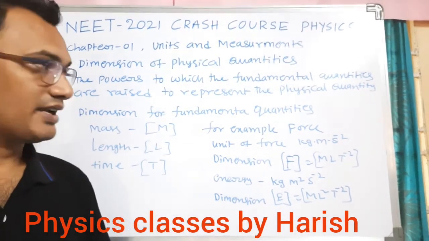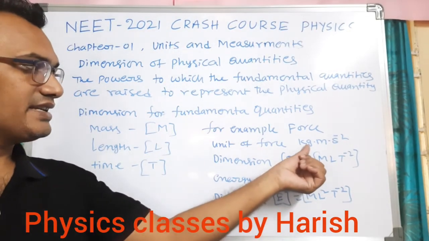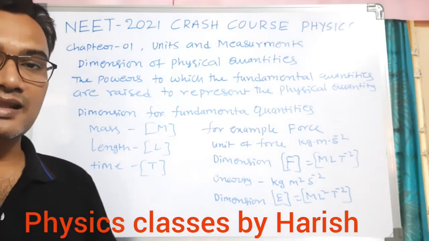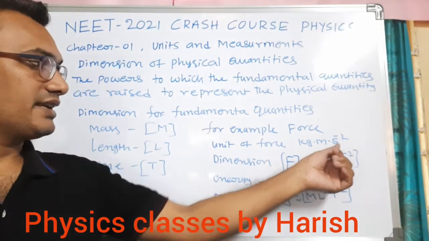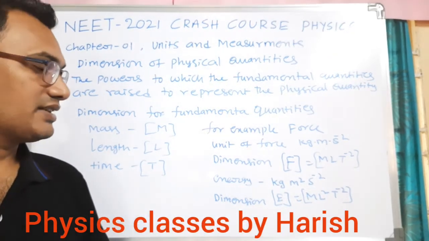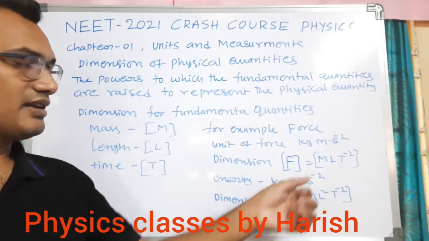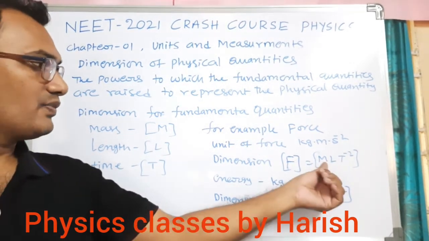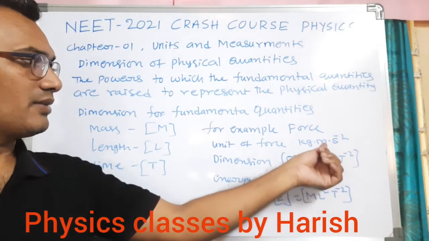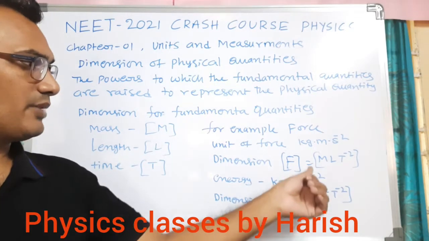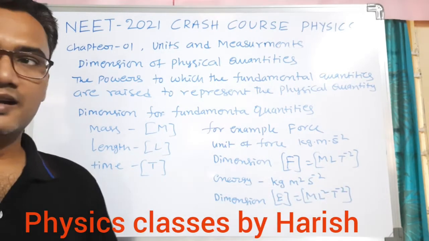Kg represents the mass, meter represents the length, and second inverse represents time. So the dimension of force is M L T minus 2.